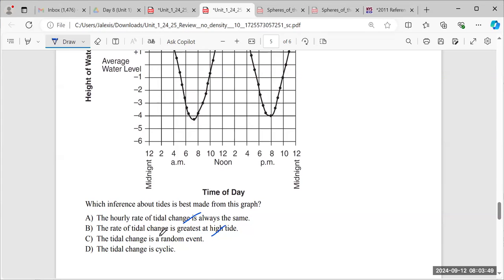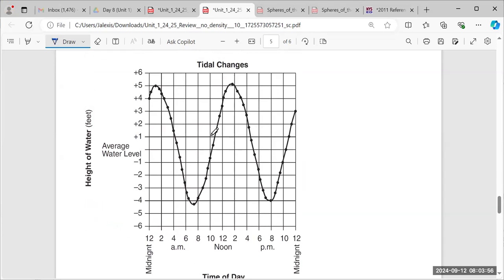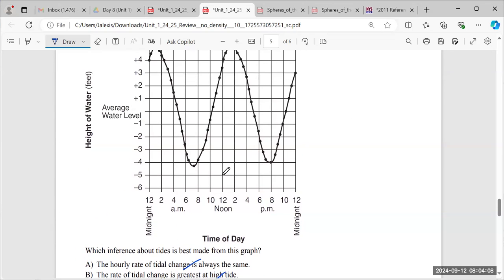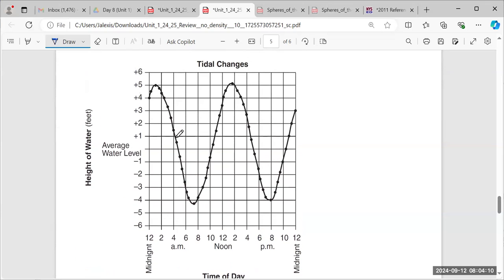Tidal change is a random event, right? A random event means that we can't see a pattern, but we do see a pattern. It's going up, it's going down, it's going up, it's going down. So therefore, the correct answer is the tidal change is cyclic, all right? When you see a pattern that is repeating itself, even look at the time periods for the peak.